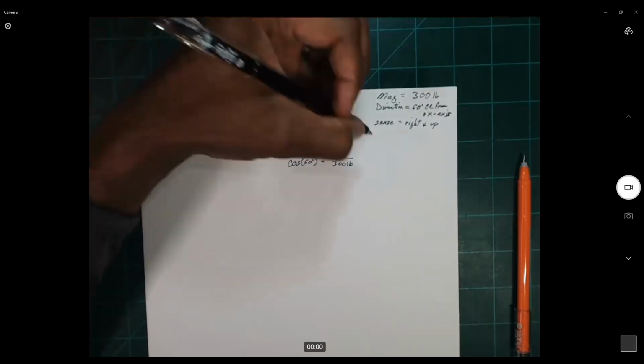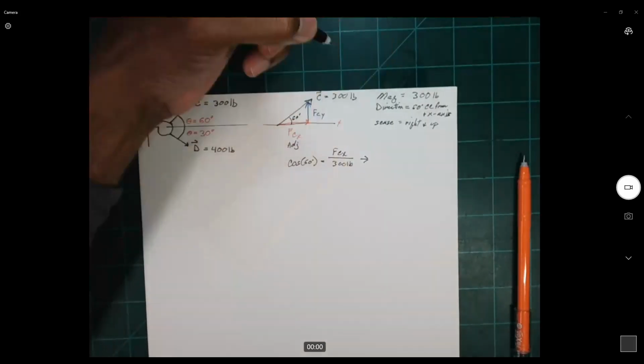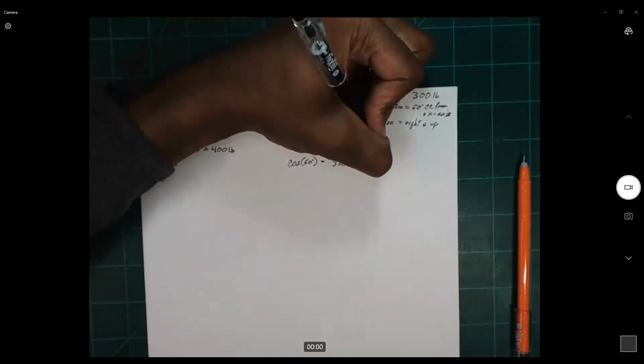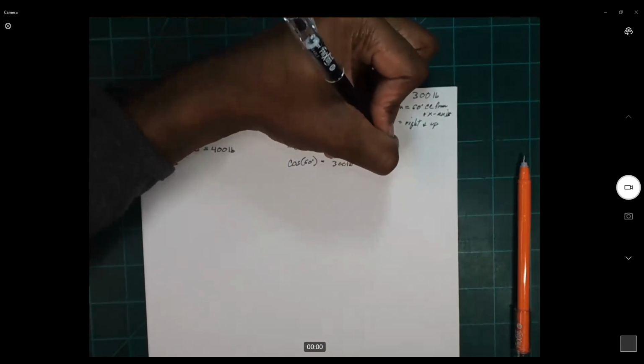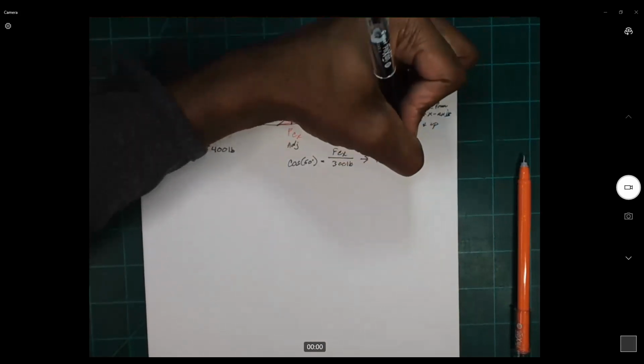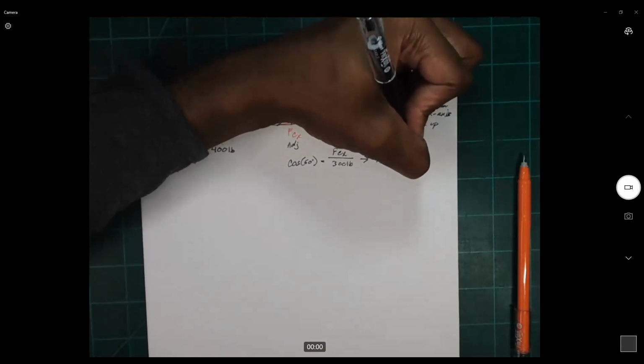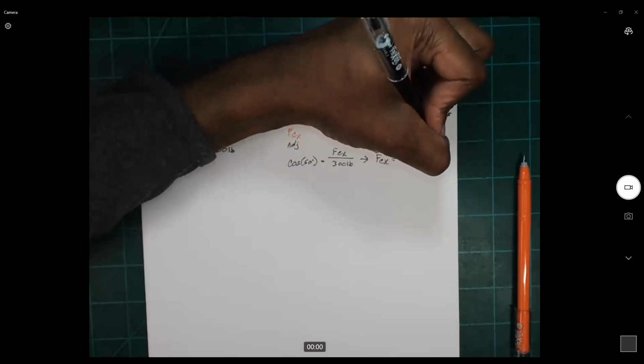And we can say that force CX equals cosine 60 degrees times 300.